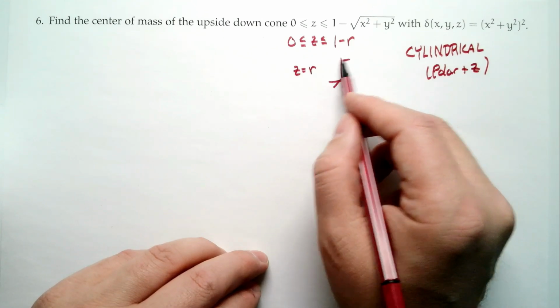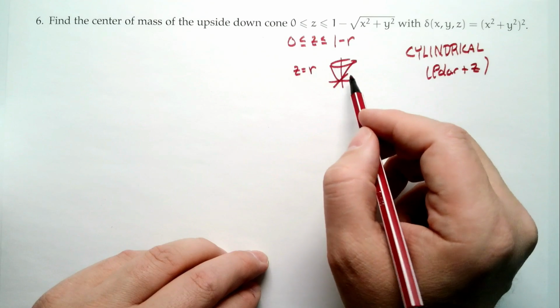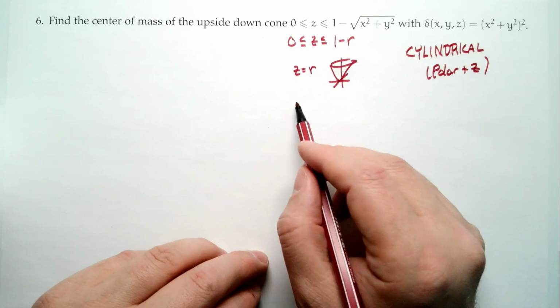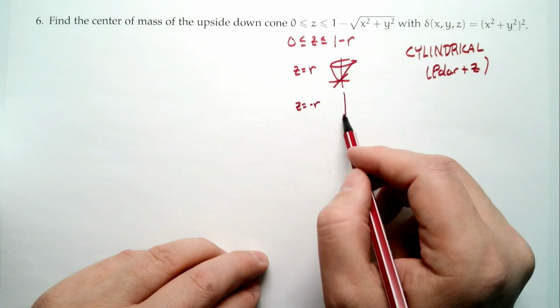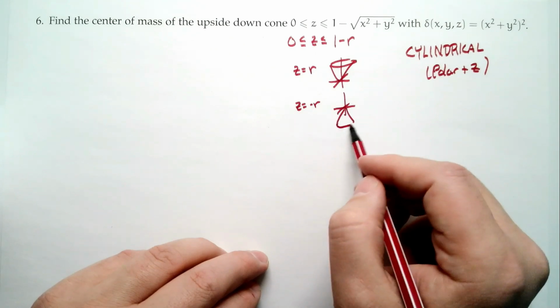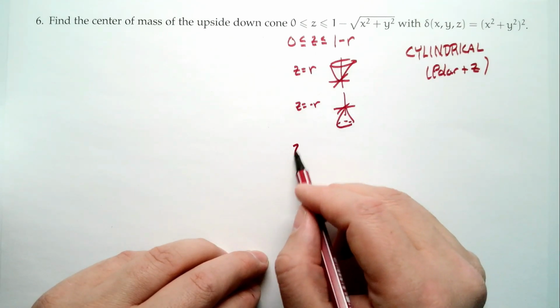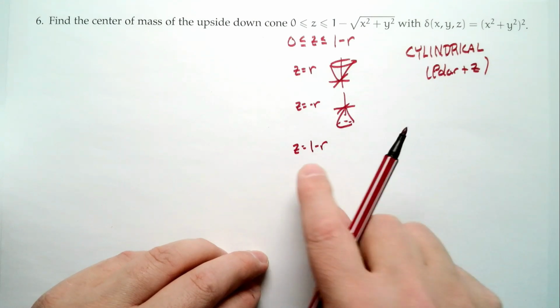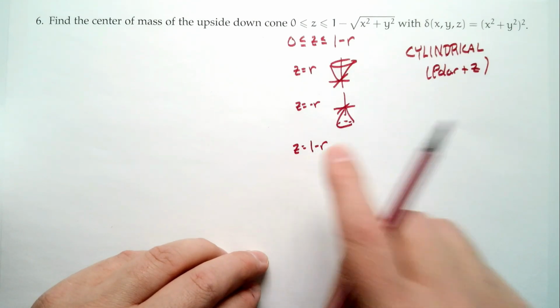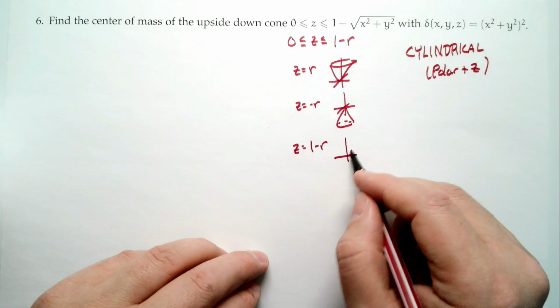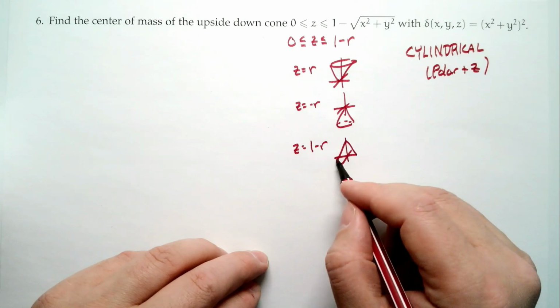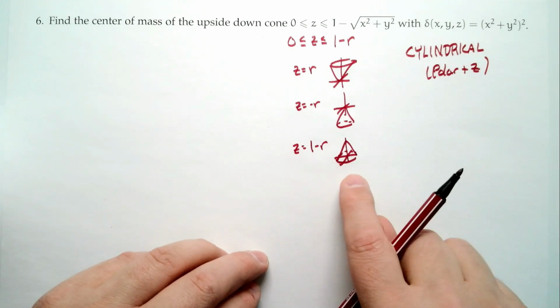And so in 3 dimensions, it looks something like this. Well, the minus r turns it upside down, so that would have it going straight down. The 1 minus r, well, what you've done is you've added 1 in the z direction, so that shifts your cone up, so the peak is at 1. And where does the bottom go?